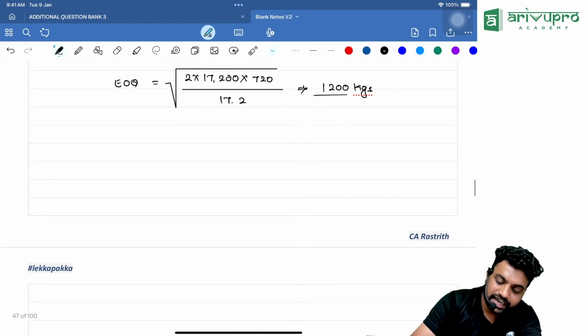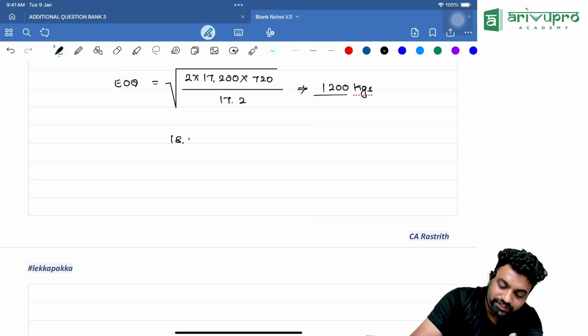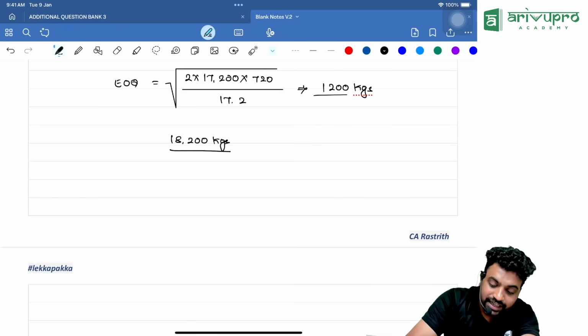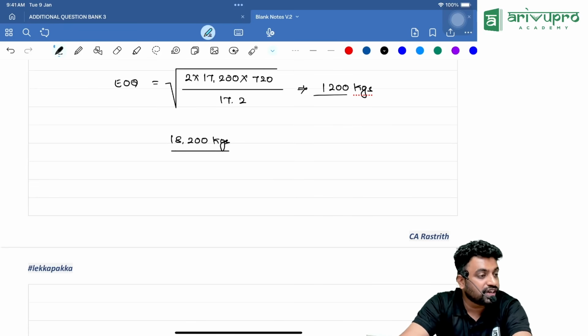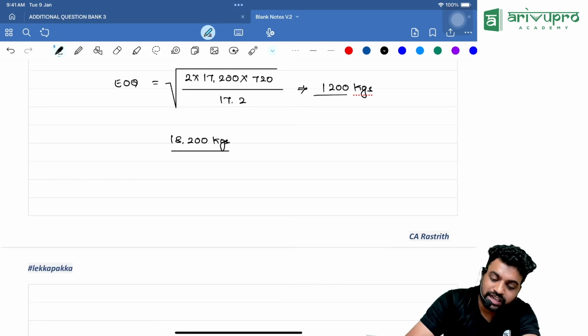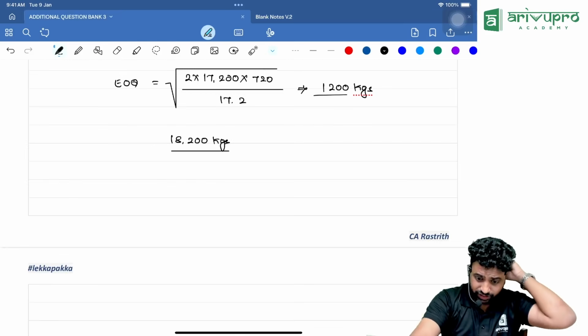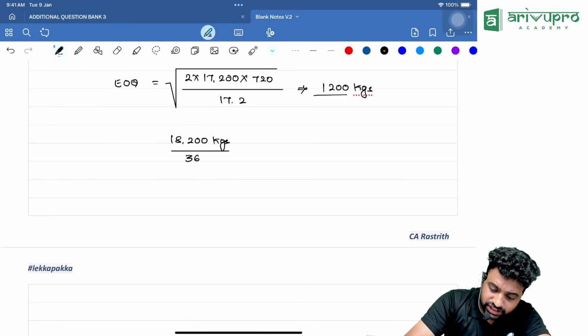Now try to understand. During the year, how many kgs we are consuming? Not 17,200. It's 17,200 we are purchasing, but we are consuming 18,200. I told you, only for EOQ and ROQ you are going to take the purchased units. For all other things it is consumption. 18,200 you are going to consume in how many days? You have given it as 364, right? 364 days.